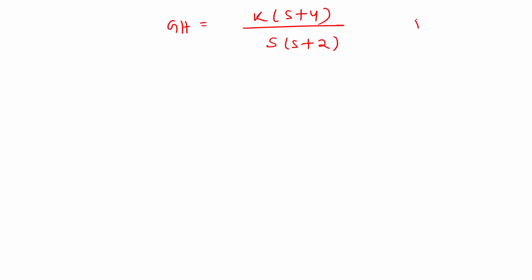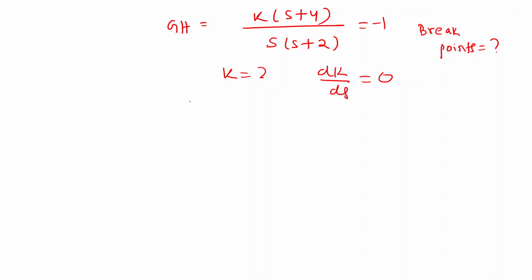The question is to find out the break-in point and breakaway point. I simply can find out breakpoints. What are the breakpoints? Solve this equation, putting GS equal to -1, find out k and dk by ds equal to 0.